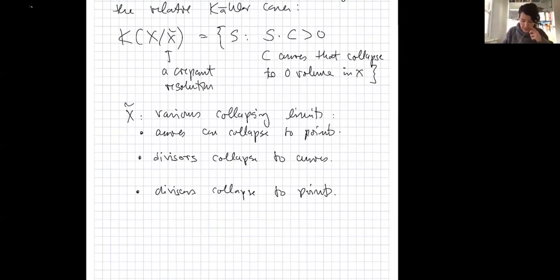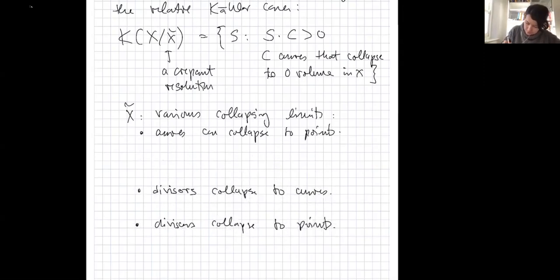All of these different things play a role in what we'll see, and I'll give you a very quick preview of what it is. So here, curves collapse, this will correspond to basically BPS states from M2 branes becoming massless.